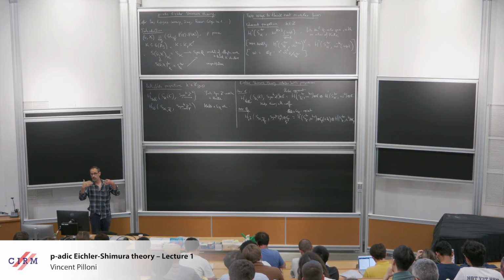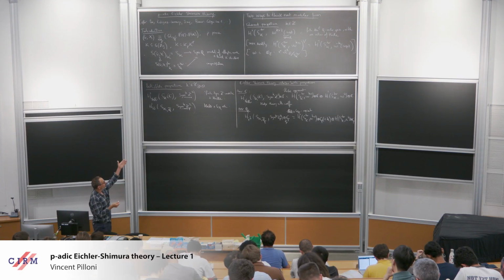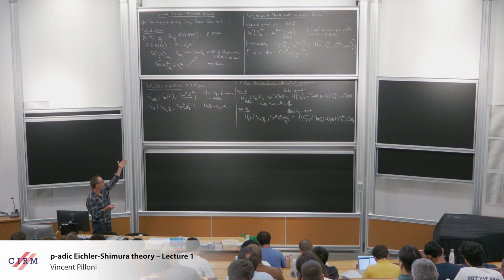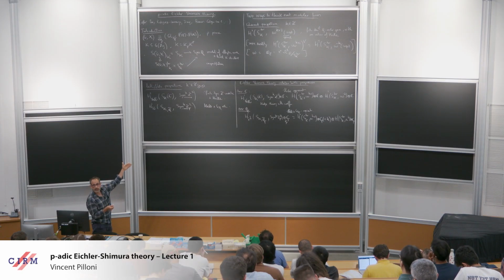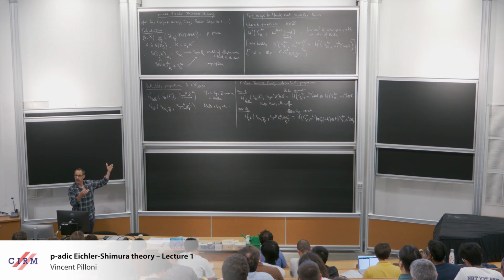But to perform the p-adic completion, you need to choose some rational structure. And here we have two candidates for rational structure. Either we can use the coherent rational structure, or we can use the Betti or étale rational structure. And actually, each of these rational structures gives rise to a theory of p-adic automorphic forms.